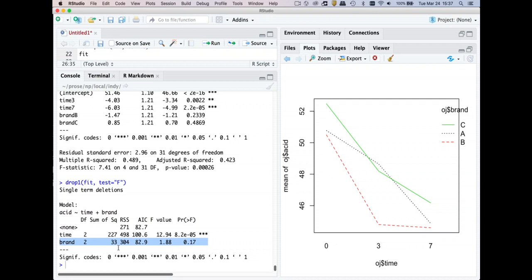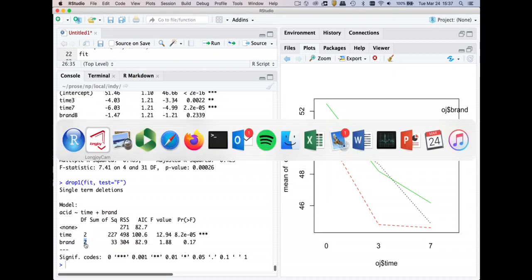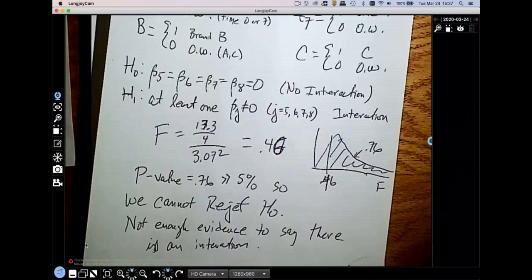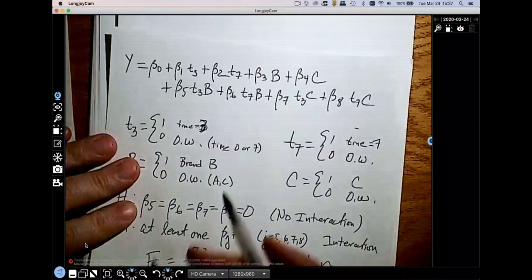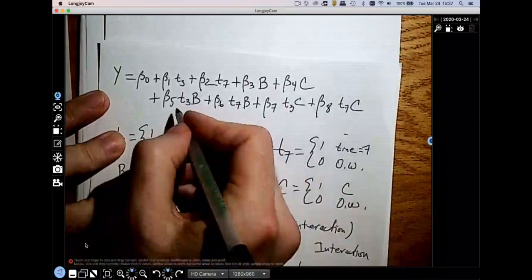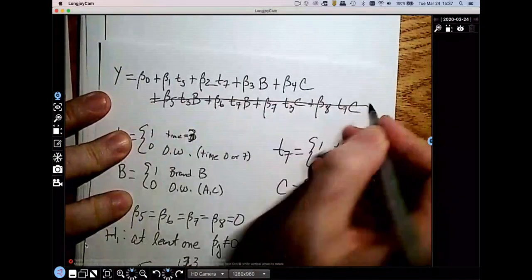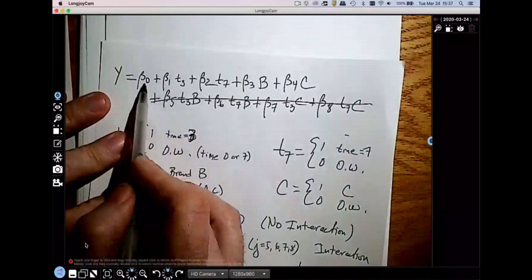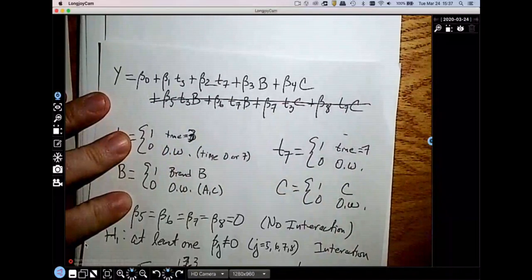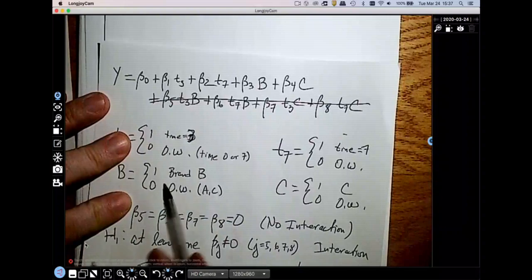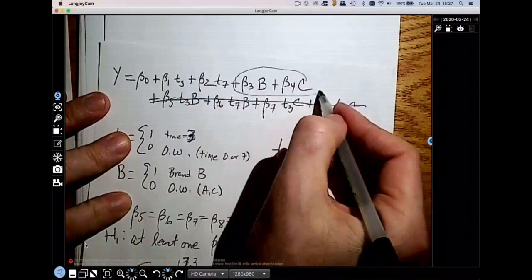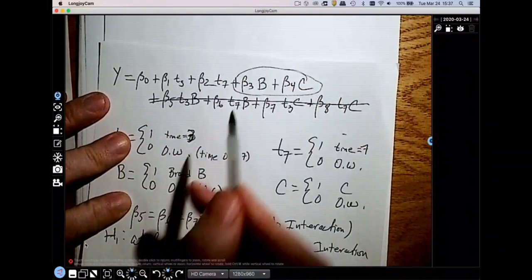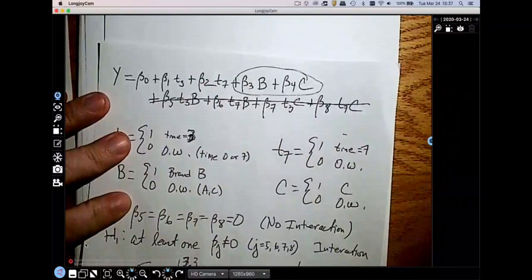Again, pay attention to your degrees of freedom. I'm going to go over to the document camera. Basically what we've done is we've dropped all of those terms, so we're just left with those 4 terms in the intercept. What the brand line is testing is whether we need these 2 terms, beta 3 and beta 4. Remember, there are 2 degrees of freedom.